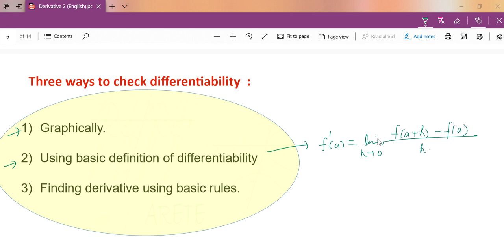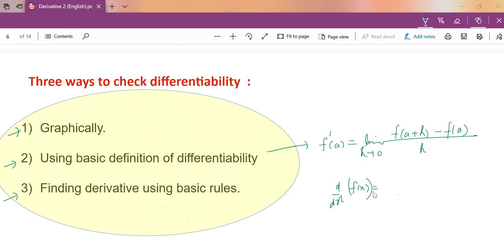If my limit exists, then I will say my function is differentiable at a. If it doesn't exist, then I will say it won't be. We will do some problems based on that. The third point: find the derivative using basic rules. Since we know that if you give me any function, I will be able to find its derivative, just find its derivative and then see where is the problem.